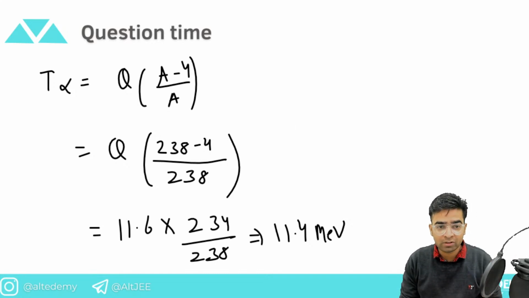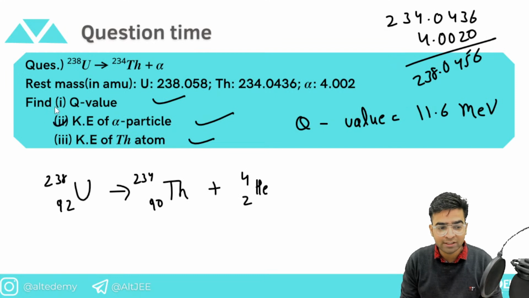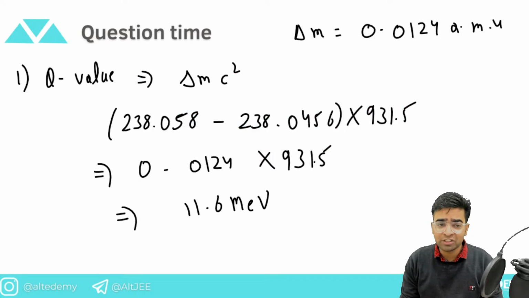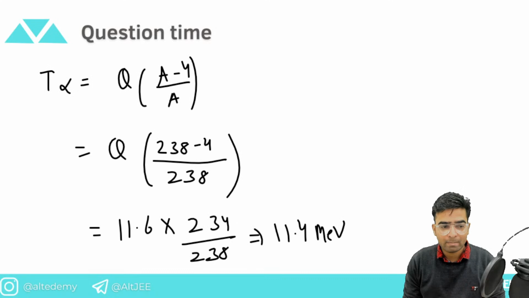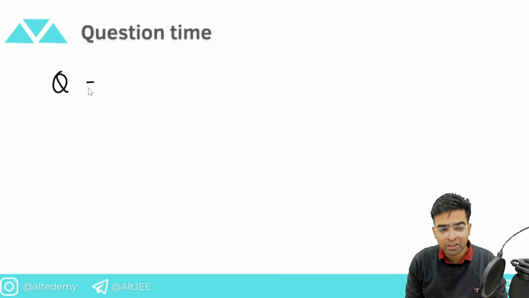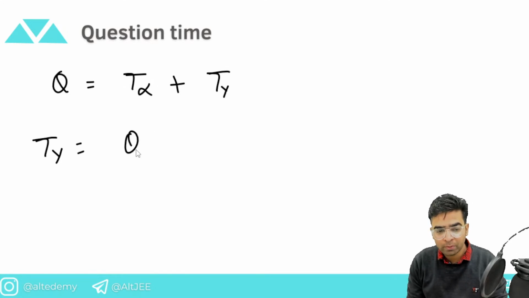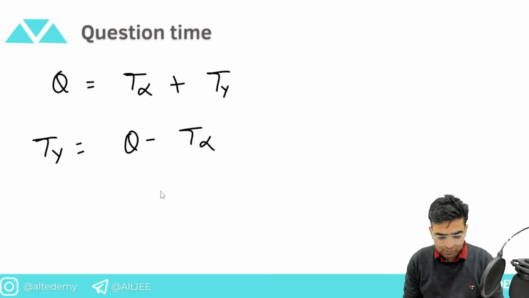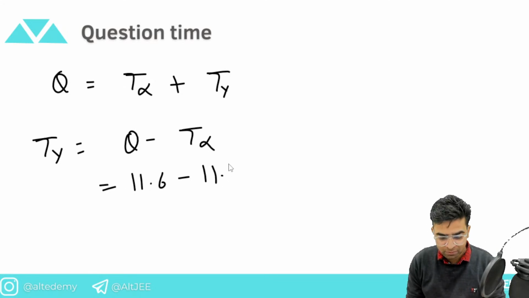Now we have found the first and second. Third, the kinetic energy of the thorium atom. We know that Q is equal to T alpha plus T y. So T y will be Q minus T alpha, so 11.6 minus 11.4, which is 0.2 mega electron volt.